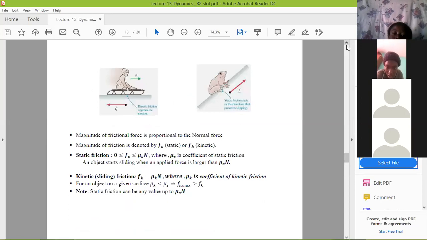The kinetic friction of the surface is just one value, given by mu k times N, where mu k is what we call the coefficient of kinetic friction.